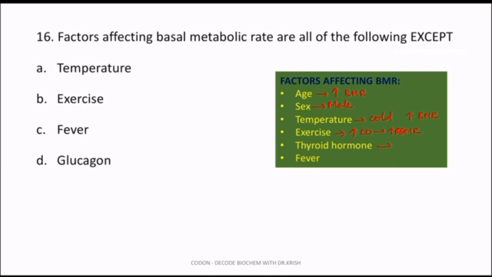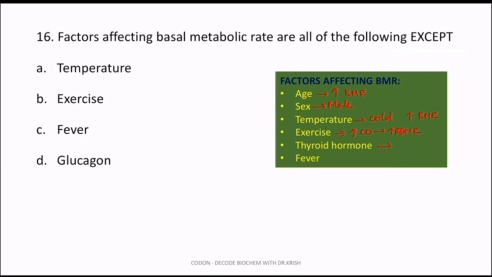And what about temperature? At cold temperatures your body tends to have a higher metabolic rate because of thermoregulation. And what about exercise? When you exercise more, there is increased cardiac output, and that leads to increased heat production.